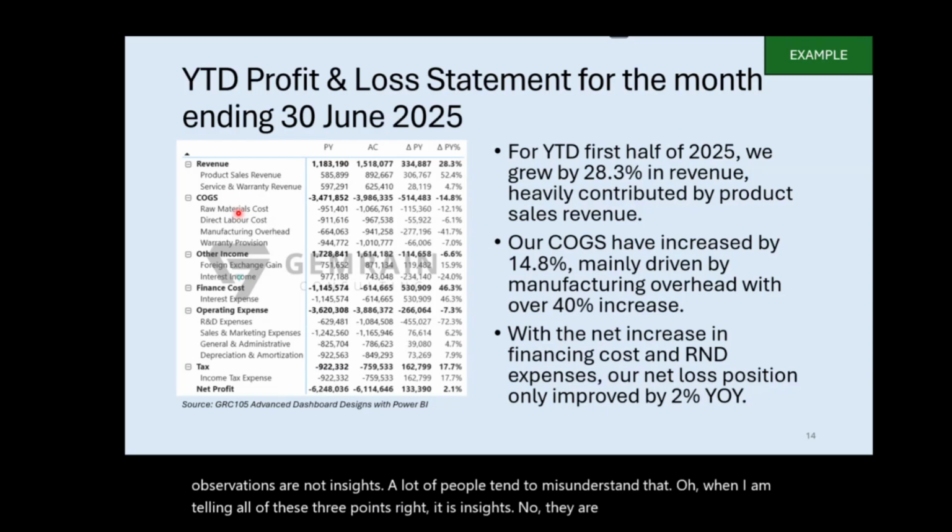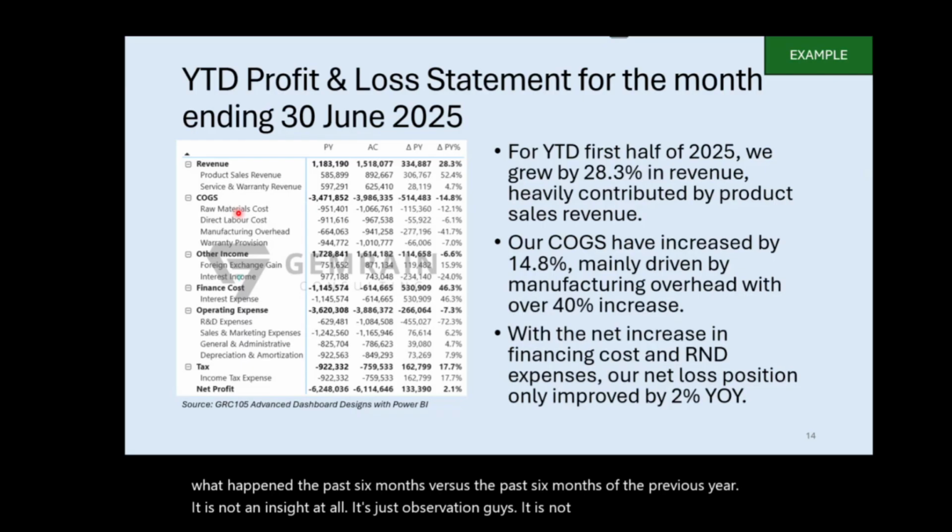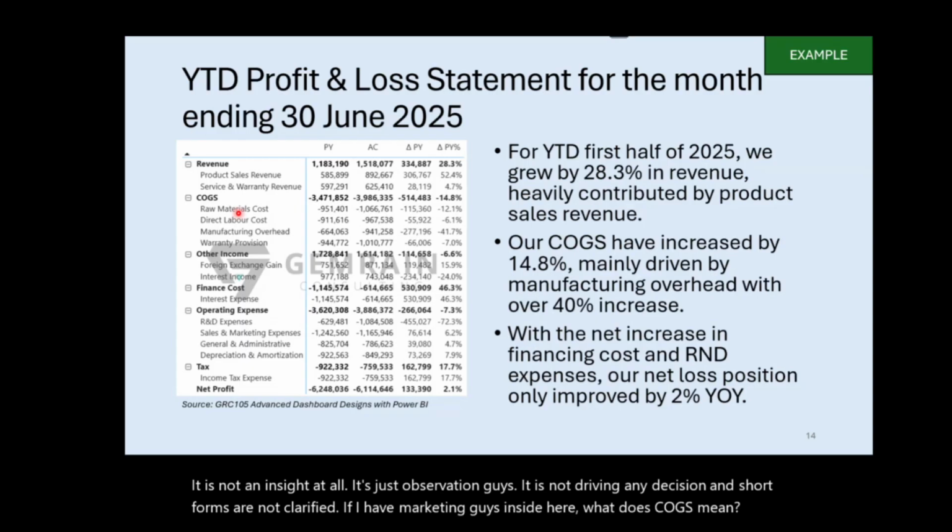They are observations of what happened the past 6 months versus the past 6 months of the previous year. It is not an insight at all. It's just observation, guys. It is not driving any decision. And short forms are not clarified. If I have marketing guys inside here, what does COGS mean? What does net profit mean?